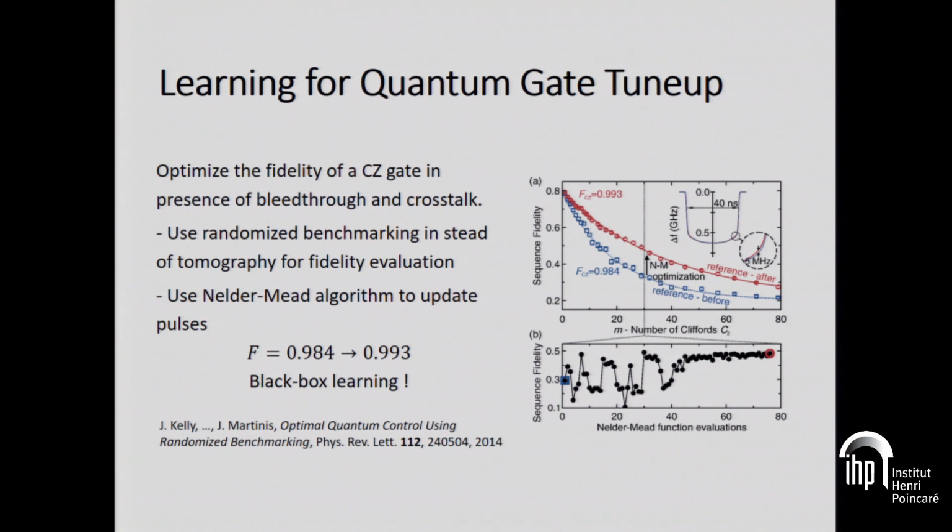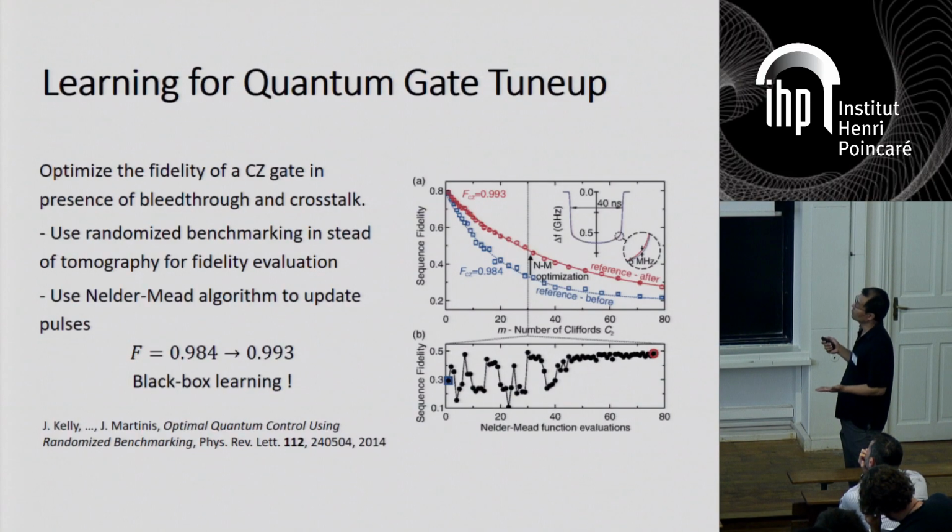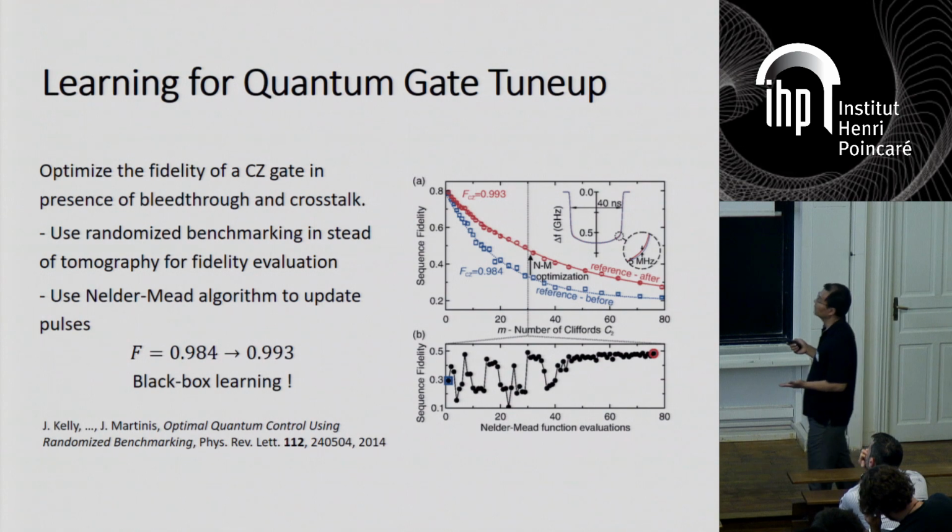But from then on, they just don't use the model. They just go to the lab and use randomized benchmarking to evaluate the fidelity of this control. And then they use the Nelder-Mead algorithm to iteratively update the field. But during the iteration, they don't use any model of the system because the model is good but not good enough. Okay, so this is actually a model-free optimization, a black box learning.